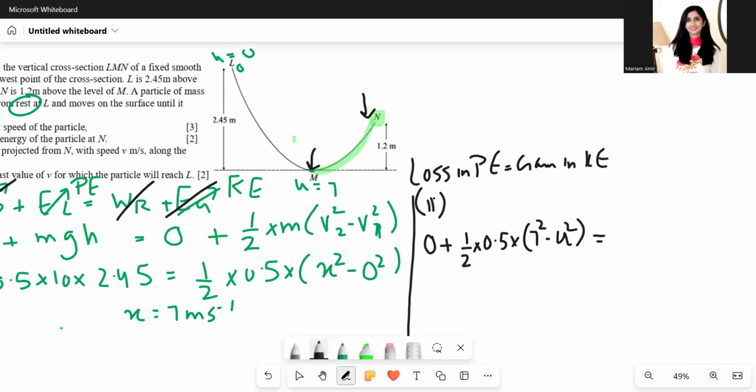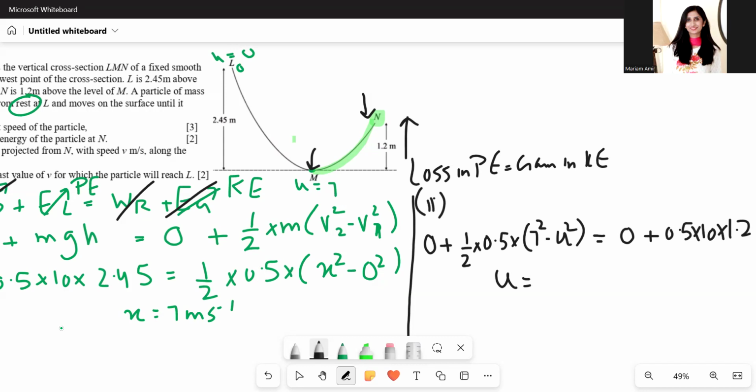is equal to work done by resisting force, no resisting force is mentioned, plus gain in energy. Gain would be the potential energy gain since the height is increasing. So mgh. Now you move it around.